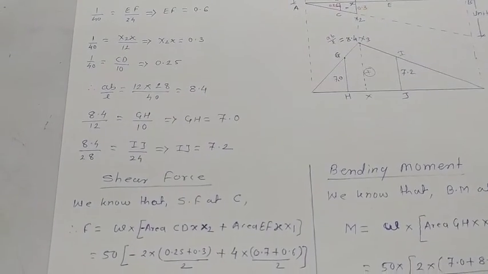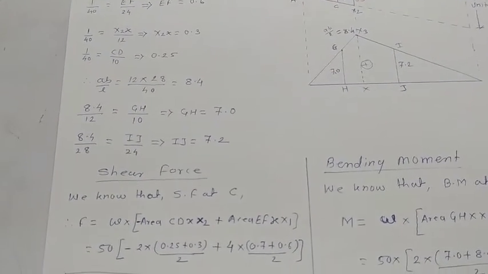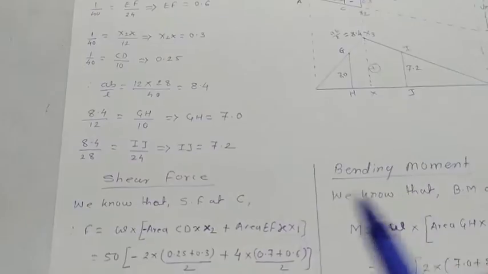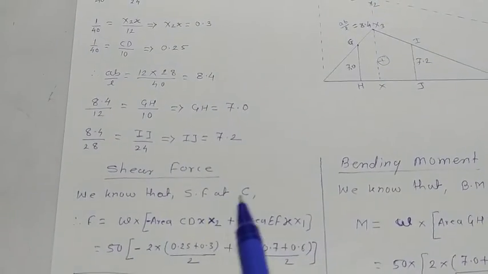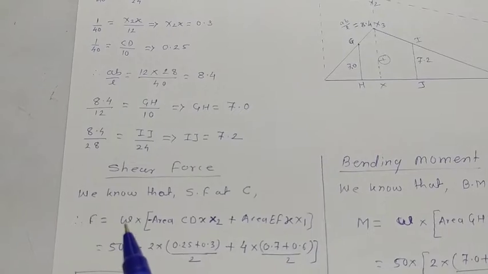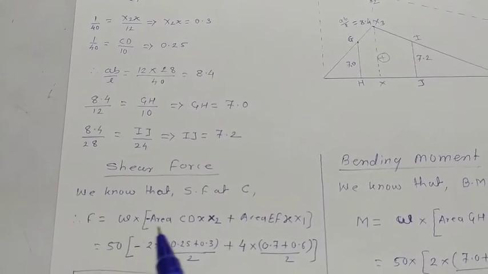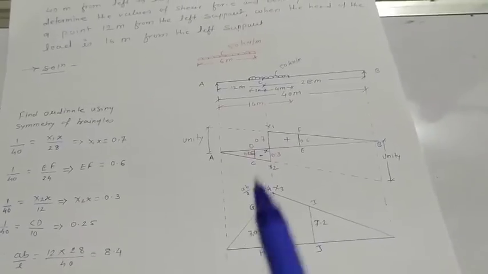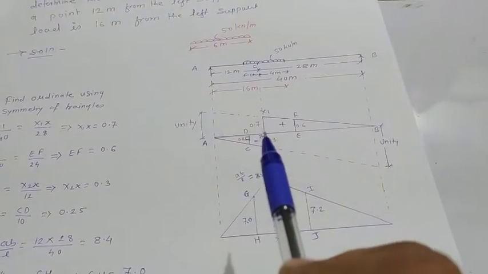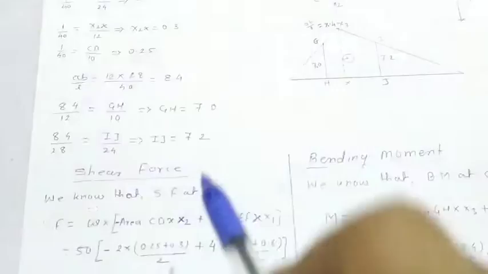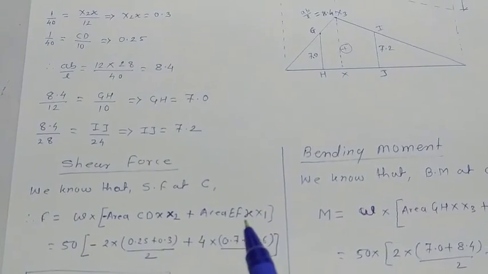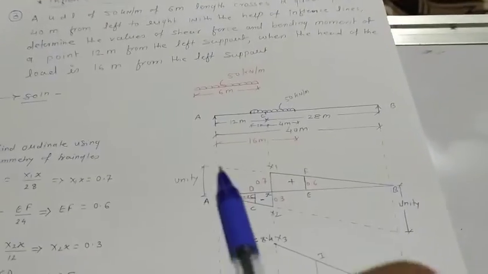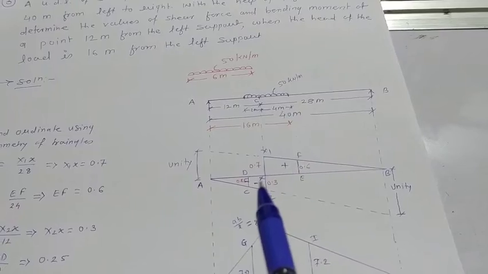So calculate the shear force. We know that the shear force at C, that is F, is equal to W into negative area CD times x2 plus area EF times x1.